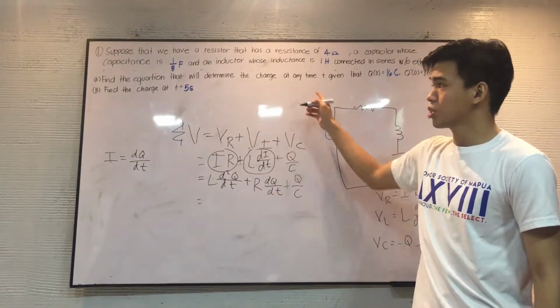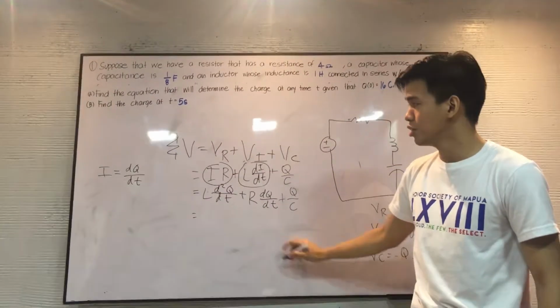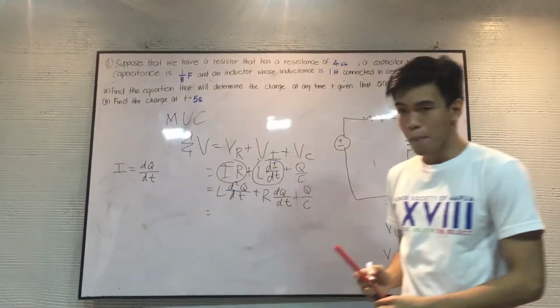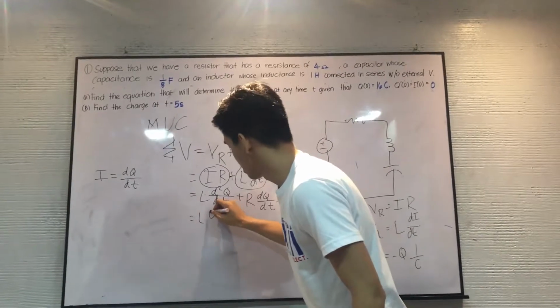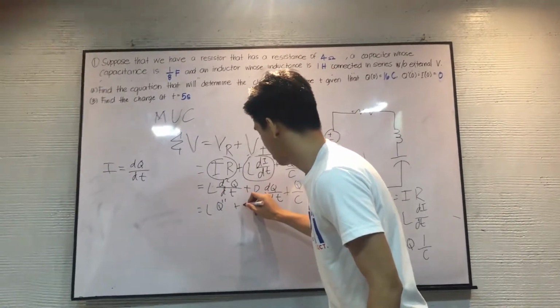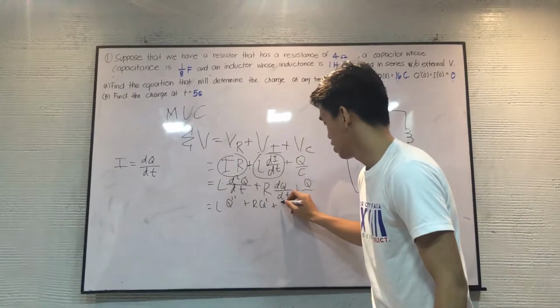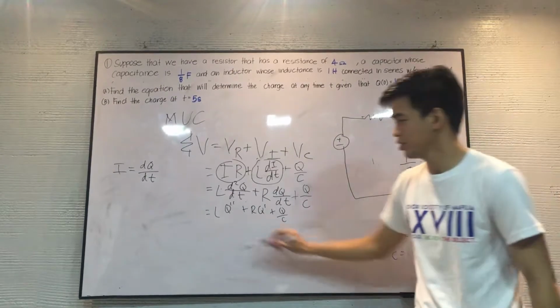In order to solve for the charge at any time in this equation, we could use the method of undetermined coefficients. So let me just restate this into simpler terms: L Q'' + R Q' + Q over C = 0.